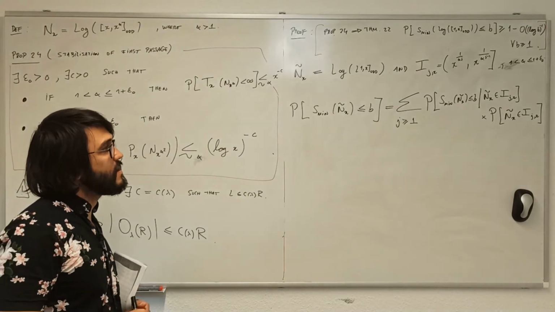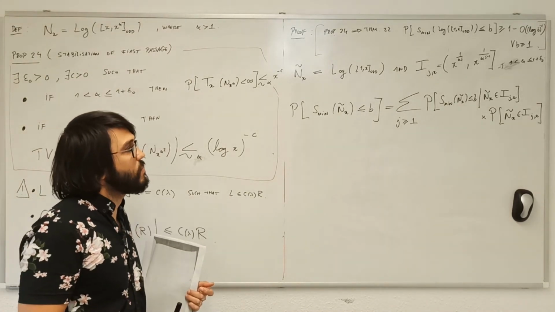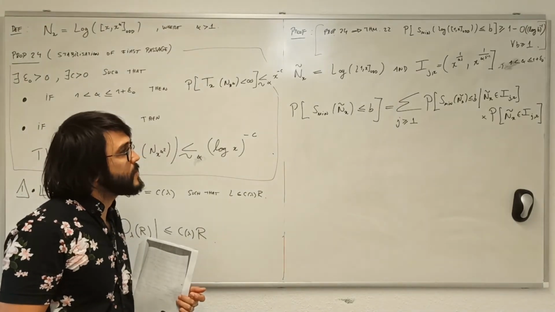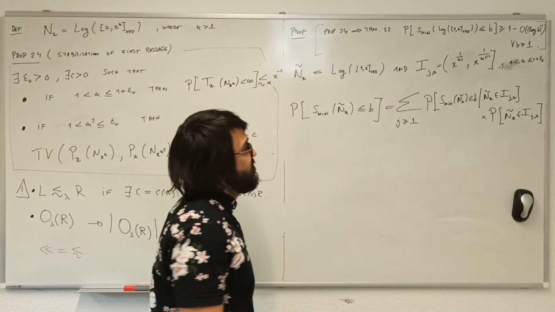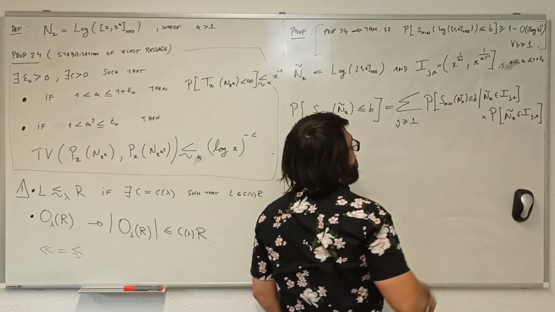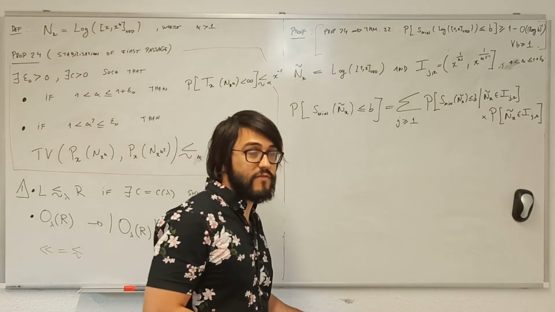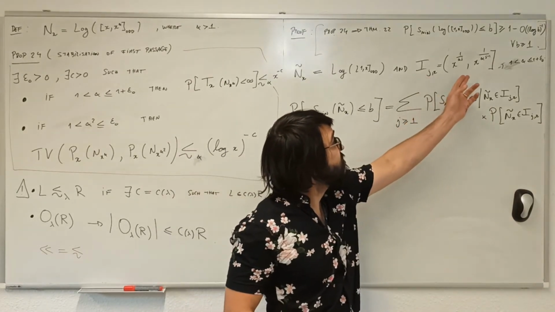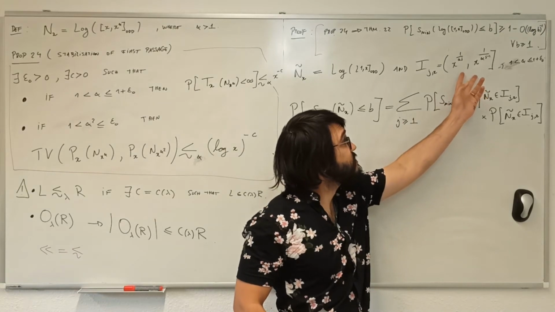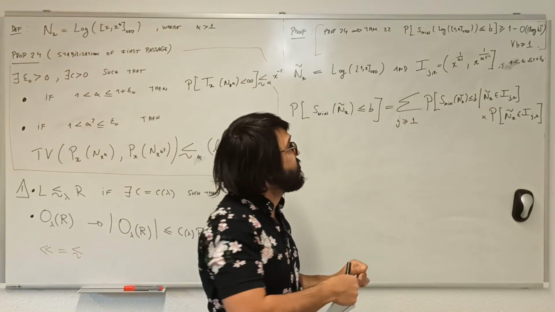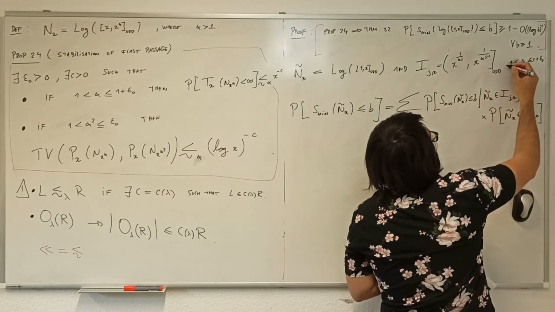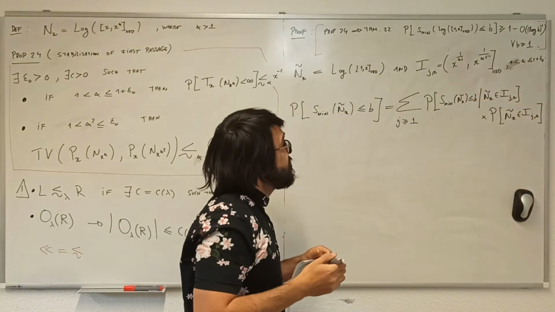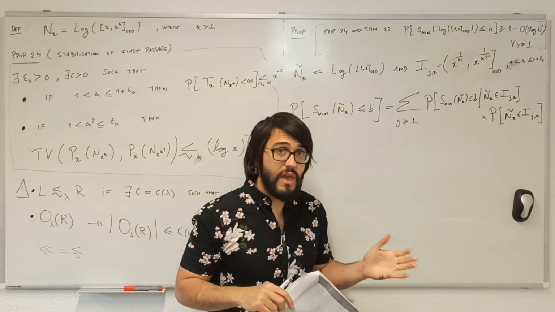Okay, so I'm just using conditional probability now. But then what is this here? First of all, you have to realize that these intervals create a partition of the odd numbers from 1 to x.